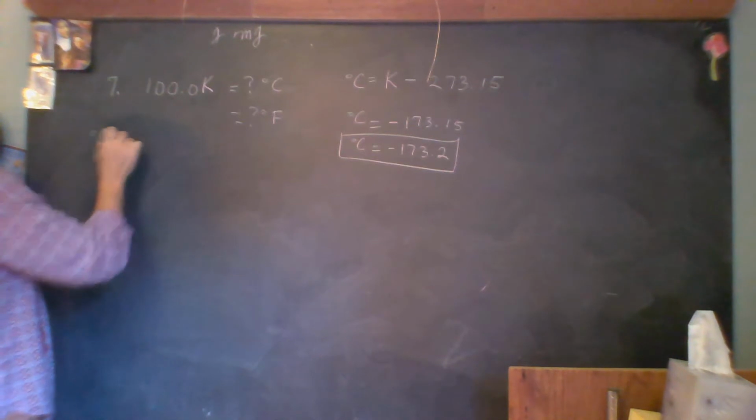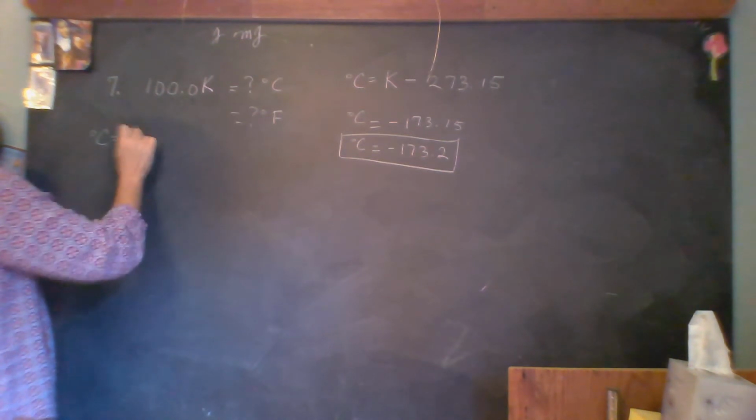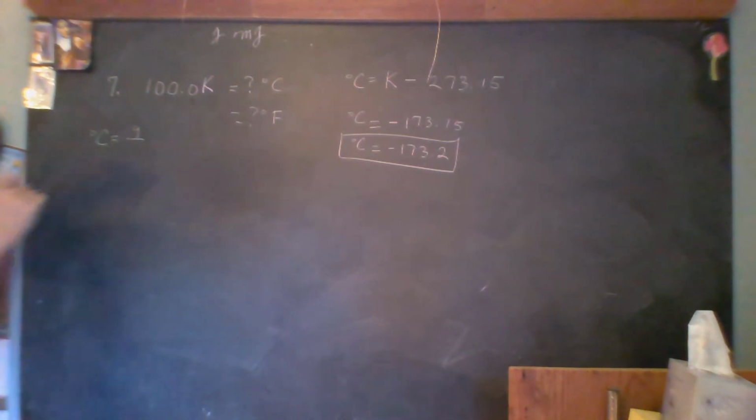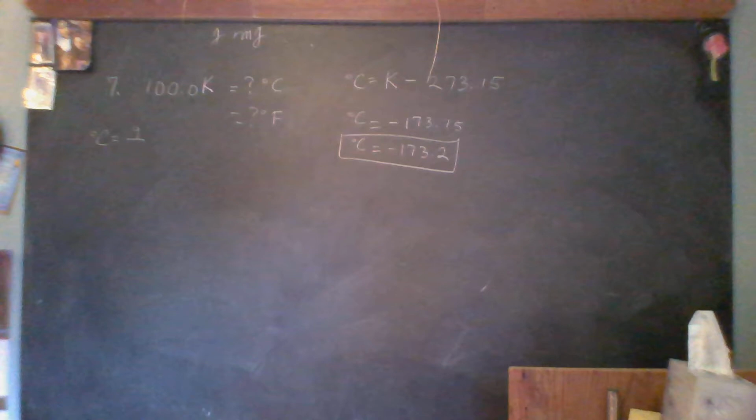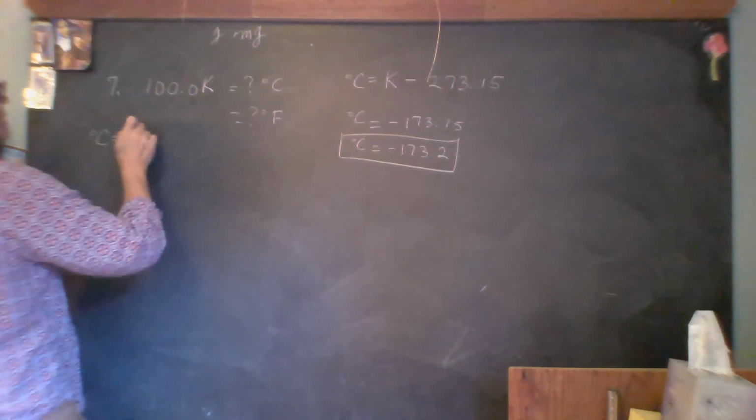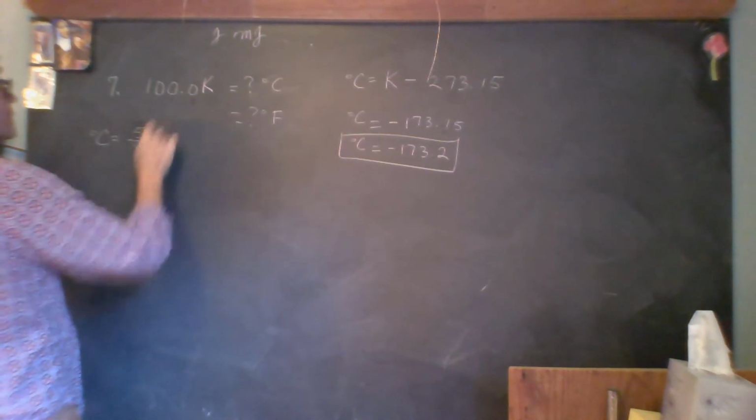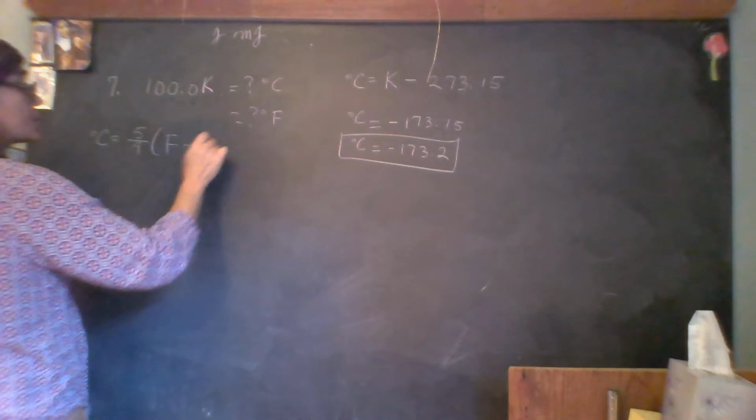Okay, so now we have to figure out the Fahrenheit conversion. The equation given us in the text is Celsius is 5/9 times (Fahrenheit minus 32).